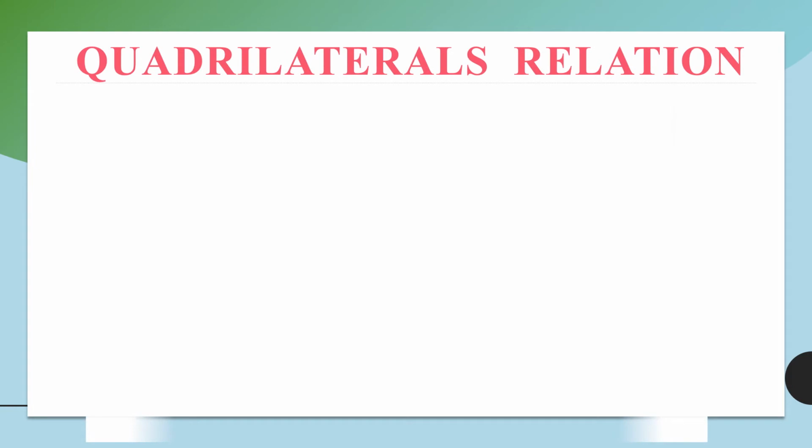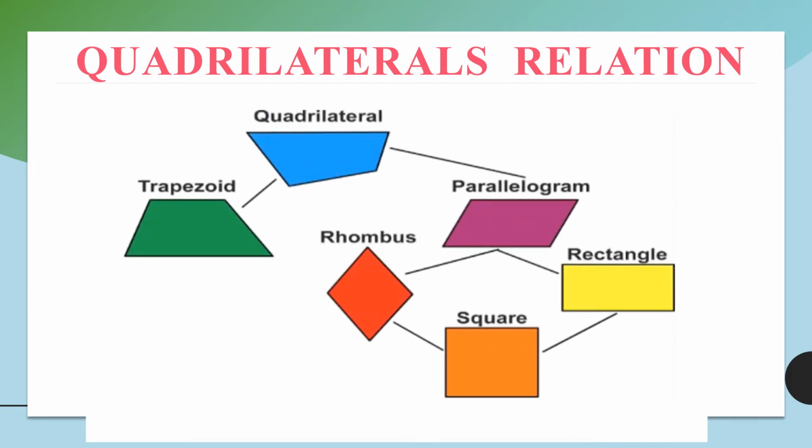Always remember, in this family diagram of quadrilaterals, whenever we move upwards, the sentence is always true. Whenever we move downwards, the sentence is always false.